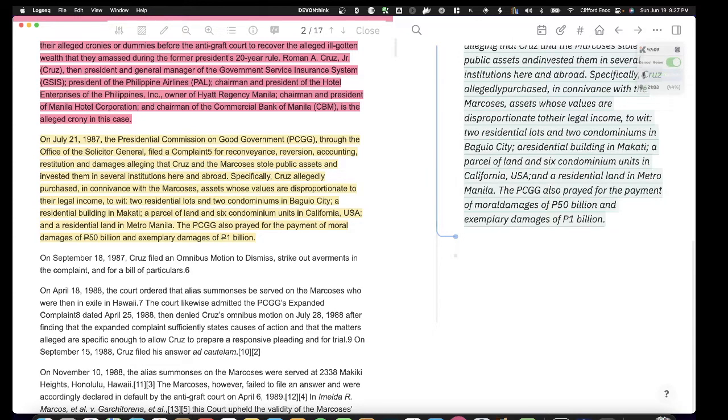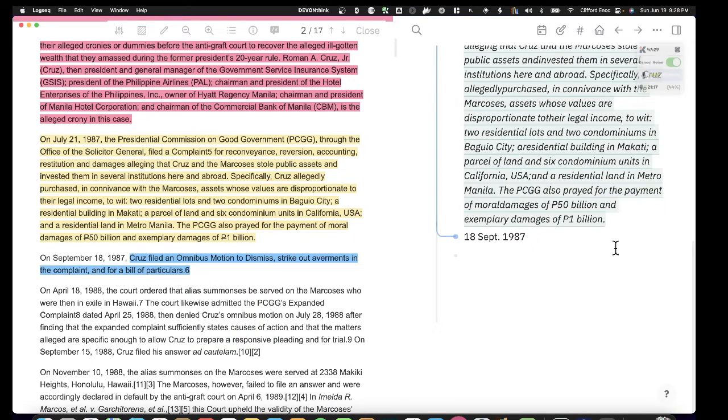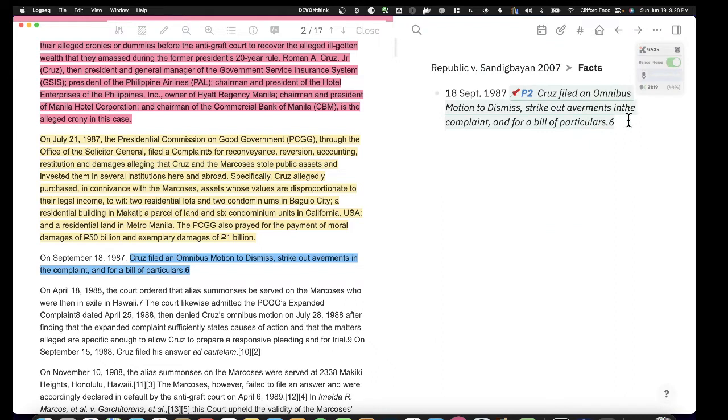Ito naman is 18 September 1987. So si Cruz nag-file ng omnibus motion to dismiss, to strike out allegations in the complaint, and for a bill of particulars. Okay, let's drill that down.